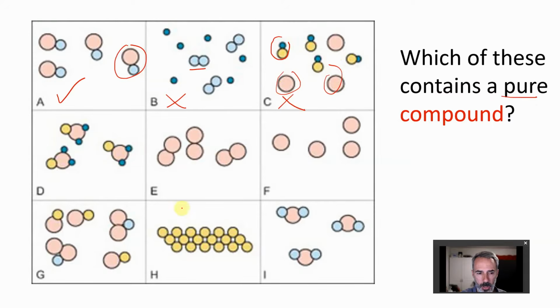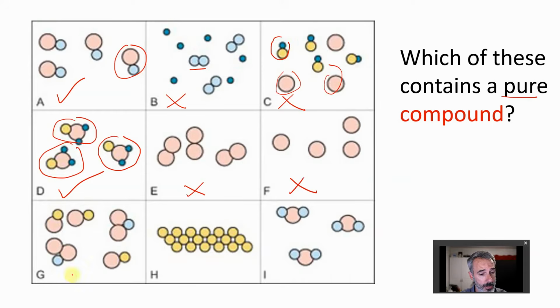It had a compound, but it's not pure. D, look at that. Different types of elements attached together, and they're all the same type of compound. D would be a correct answer. E is not. Now, I know you're thinking it's pure, and it has things attached together. But remember, to be a compound, they have to be two different types of atoms attached together. So that's out. F is definitely an atom, not a compound.